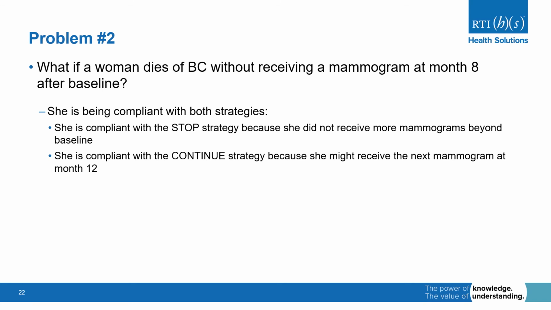But she's also compliant with the continue strategy because she may be planning to receive a mammogram at month 12. What can we do here? Here we can either randomize my sample to both arms, so that outcome will fall at random in one of the groups, or we can clone individuals. And this second approach is more efficient, and I'm going to show you how it works.